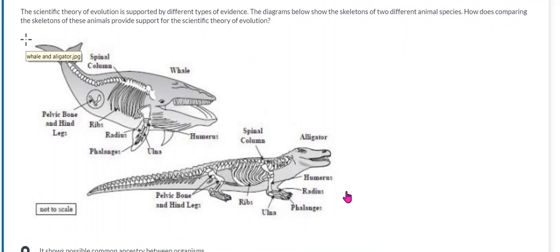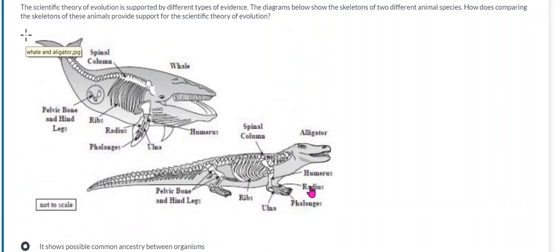They are not to scale, and you can see the labels, the pelvic bone, right here, and the whales don't have a pelvic bone showing outside, but they have some rudimentary structures here, and the whales do have a flipper, and you can see the skeletal part right here, and pretty much it is showing the internal anatomy.